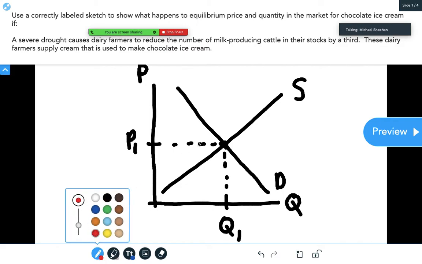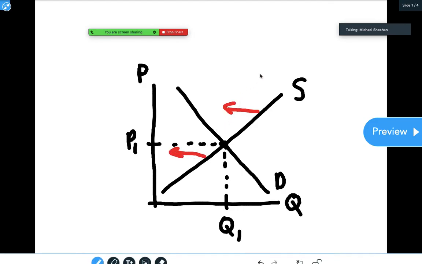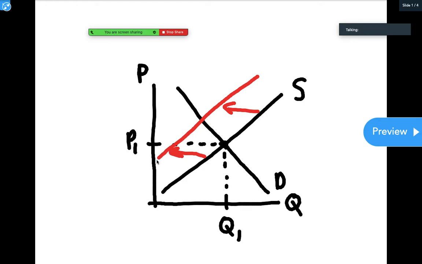So we're going to show that supply has been affected, and we're always going to move it left or right. Increases to the right, decreases to the left. Supply of ice cream is going to decrease. So you're going to show that supply has decreased. Here's S2.